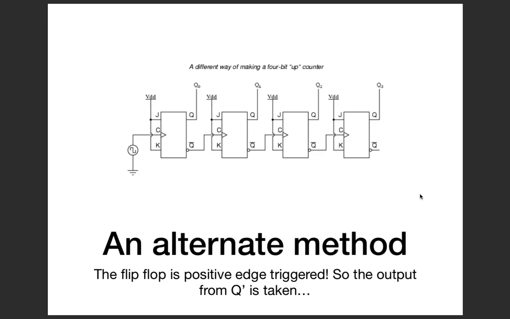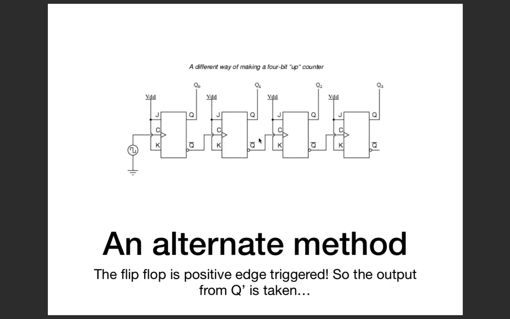So we will have a slightly modified circuit here. Instead of a falling edge triggered JK flip-flop, we will have a rising edge or a positive edge triggered flip-flop. You can see that because there is no notch or a circle in front. That is, it's positive logic.